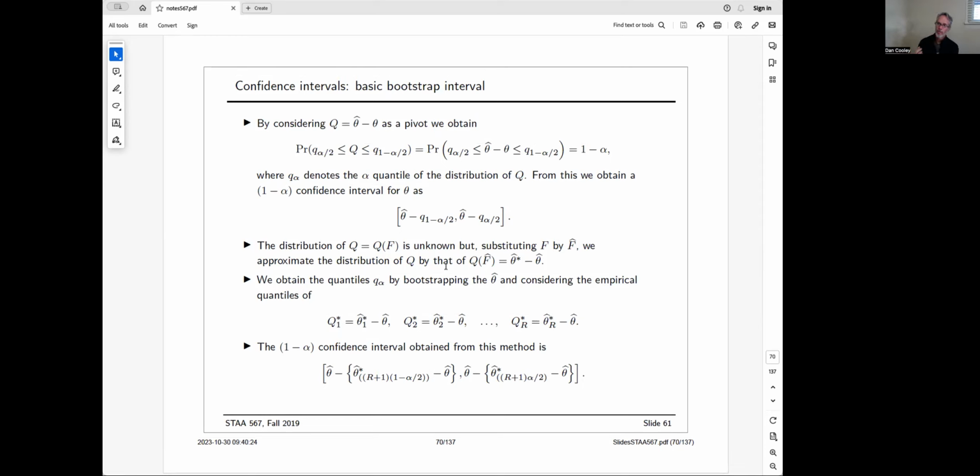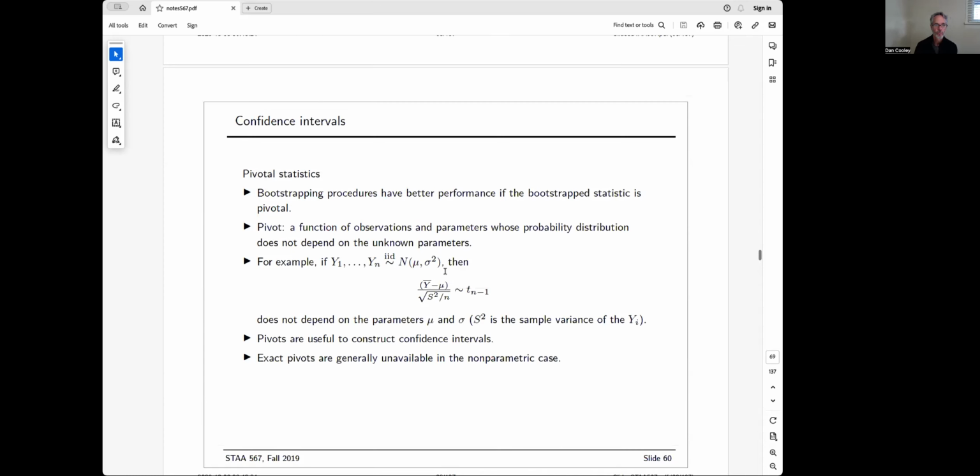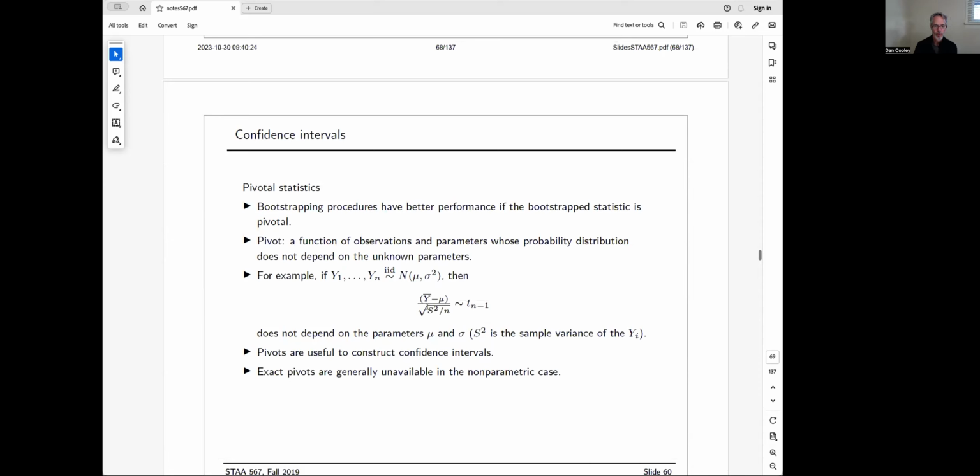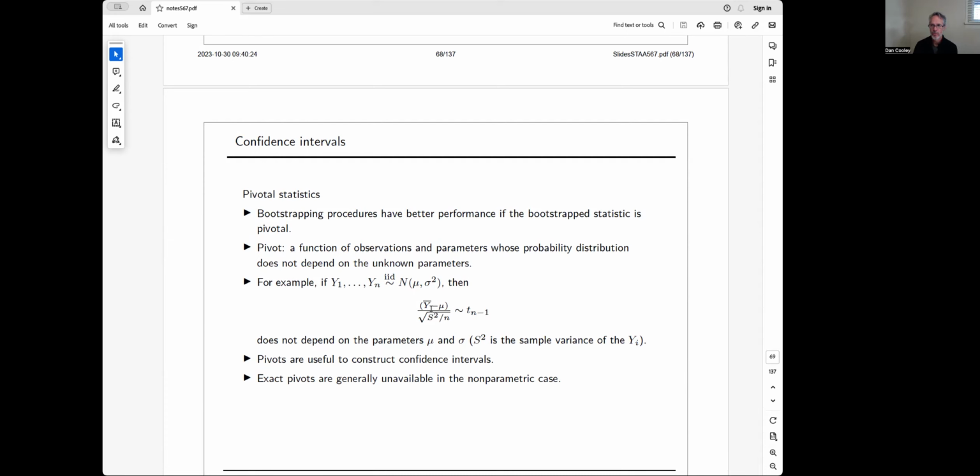The fact that we estimate the standard deviation is important because when we have to include an estimate of the standard deviation, even when the true distribution is normal, the right distribution of this is the T distribution, because we've included that estimate of the standard deviation. So the next bootstrap tries to capture that idea.